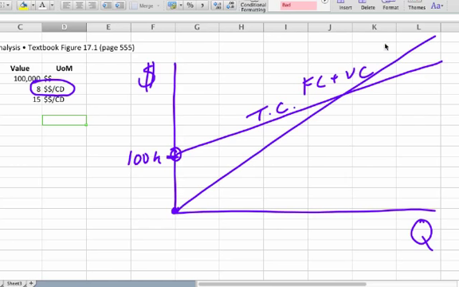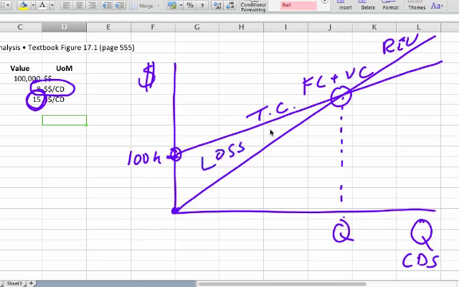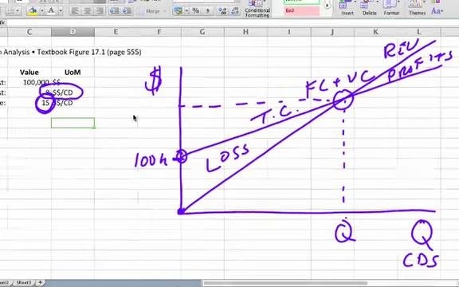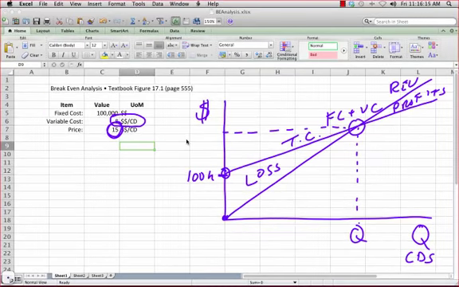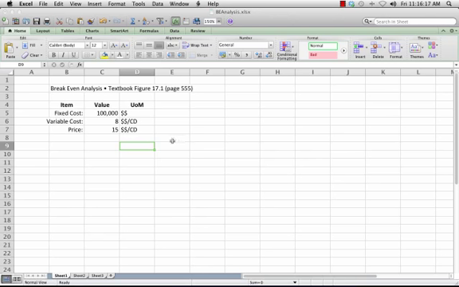And this is our revenue line up here, and it's going up at a higher rate, $15 a CD. At some point we'll hit our break-even point where these two lines cross, and that's the quantity of CDs we must sell before we go from losses to profits, and that's what we're trying to graph. So away we go.